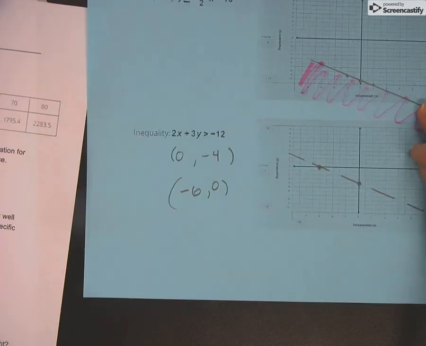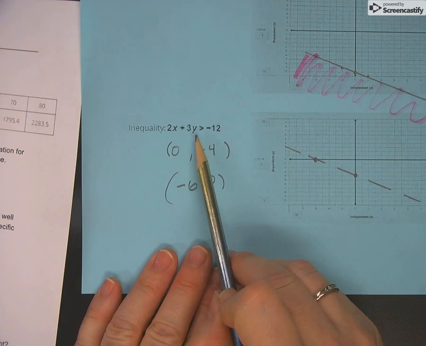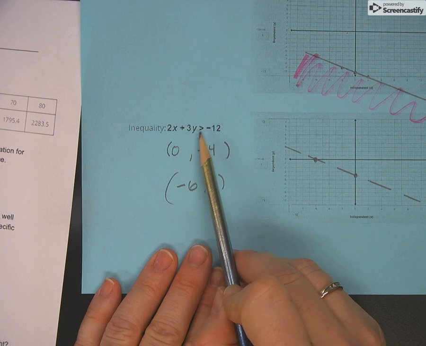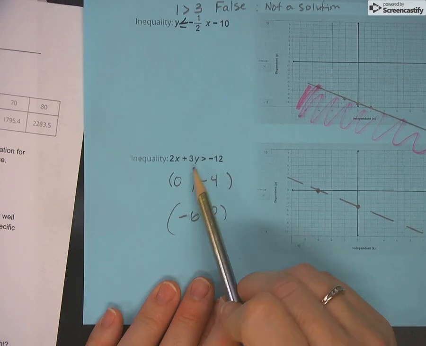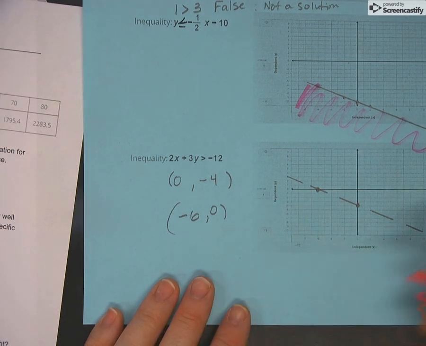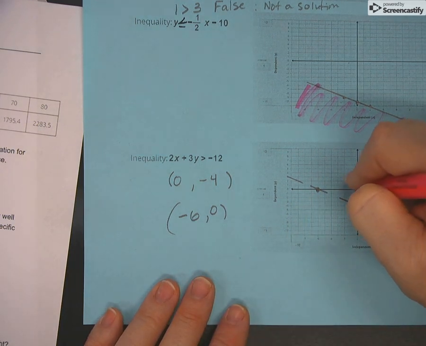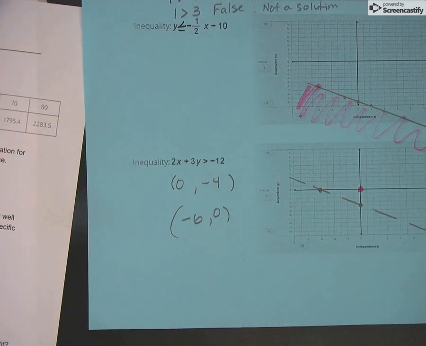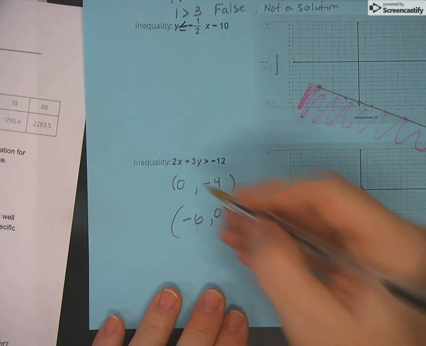Now, because this inequality is not solved for y, it's not y is greater than a whole bunch of stuff, we can't just look at this symbol and decide above or below. So what we do is we're going to pick a test point. So I'm going to pick the point (0, 0) to test in the inequality.